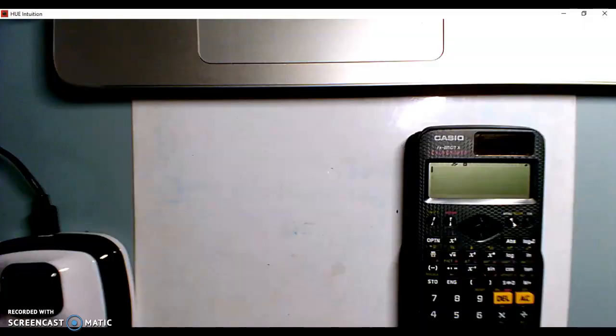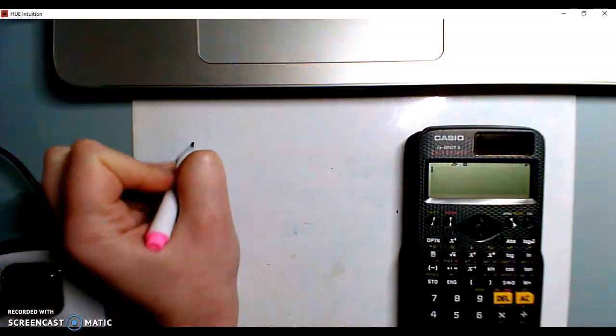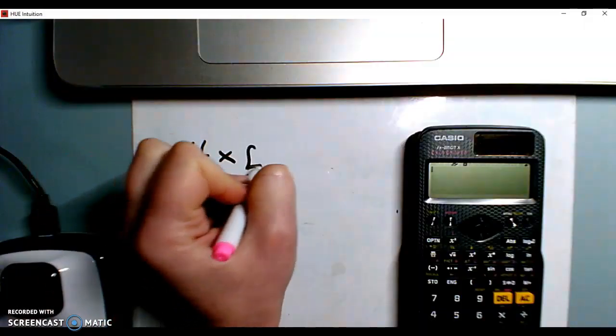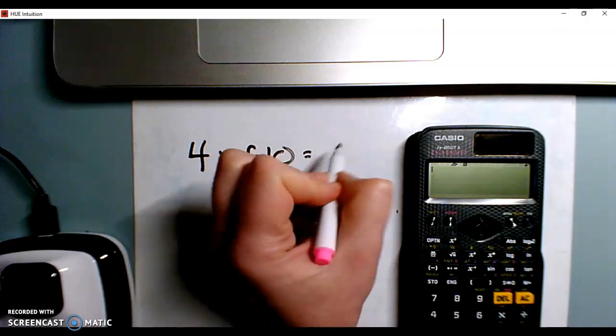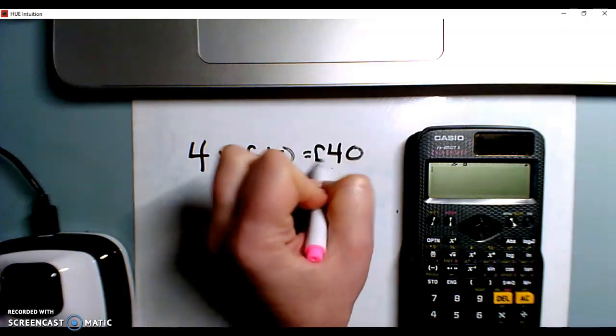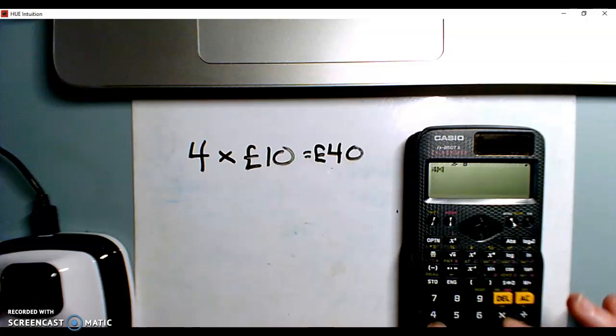If we look at this question, I have 4 lots of £10 notes. So when we're doing that, 4 times 10 is 40. So I'd have £40.